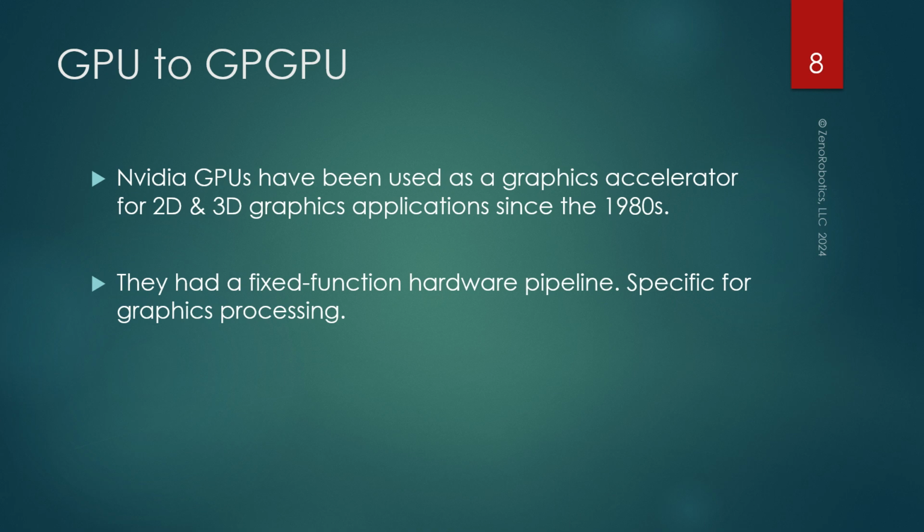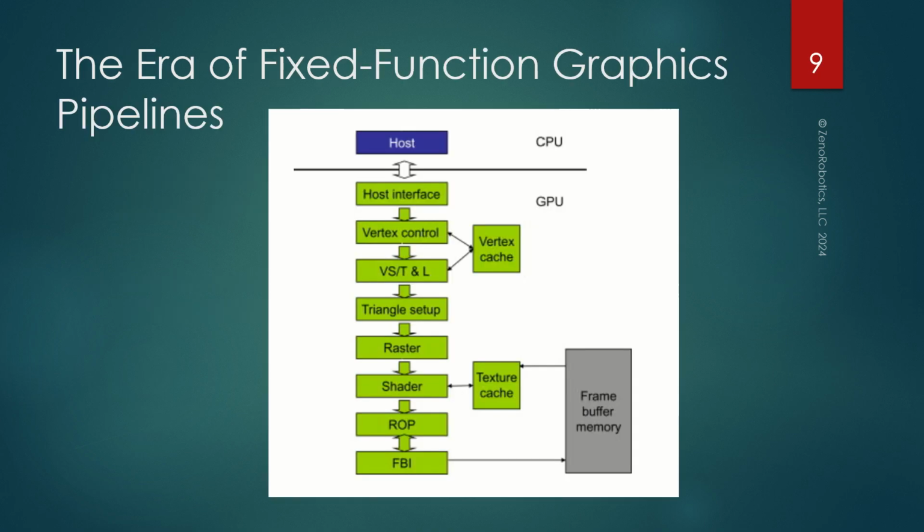So as I was saying, like with NVIDIA's GPUs, they were just graphics accelerators for 2D, 3D graphics. And they're fixed function. And so this is an example of the hardware. So you would have these stages and essentially a pipeline, right? But the amount of time spent in each pipeline was not the same.